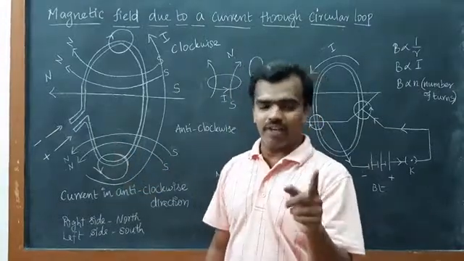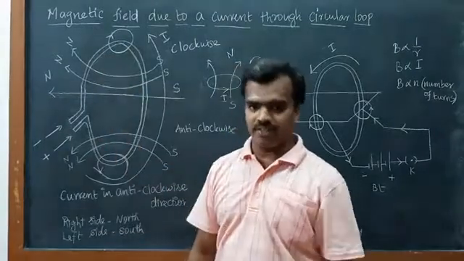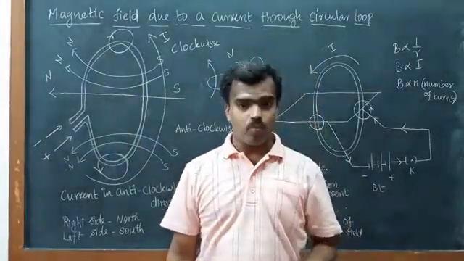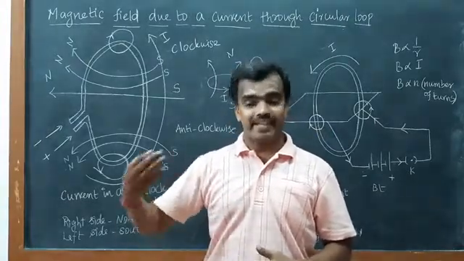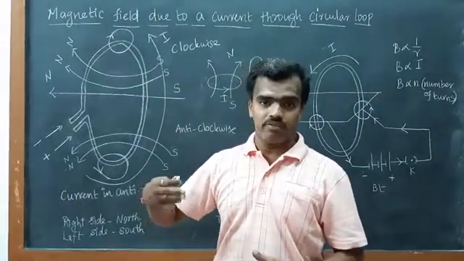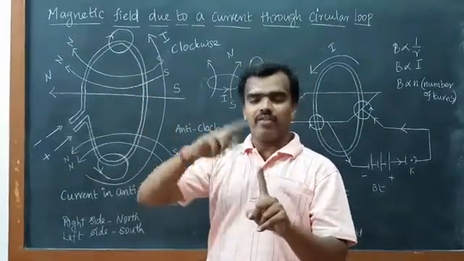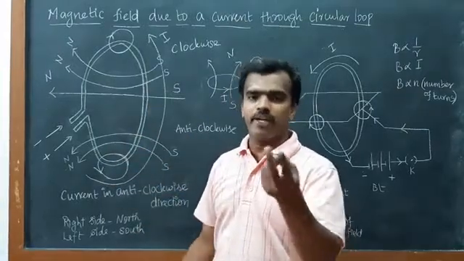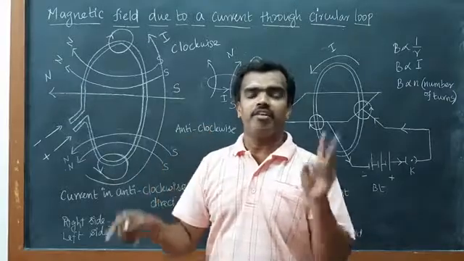But we have one more concept here. Here I have drawn only one circular coil. Suppose I have more than one circular coil, what will happen? Of course, the magnetic field value will increase. This is one turn, a single turn. If a single turn has 0.2 Tesla magnetic field and you have 10 turns, then 0.2 into 10 gives 2 Tesla.